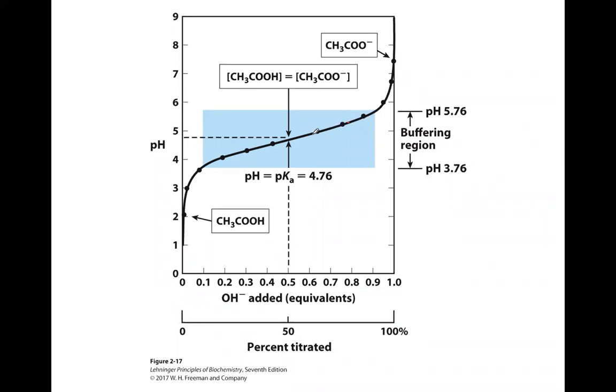So the pH will start dropping, and obviously instead of the excess of OH minus you'll have an excess of H plus. So you move in the opposite direction, but you'll still be in the same region. So it doesn't matter which way you go. You can add base or you can add acid, but you will still be in between these two pH units, between 3.76 and 5.76.